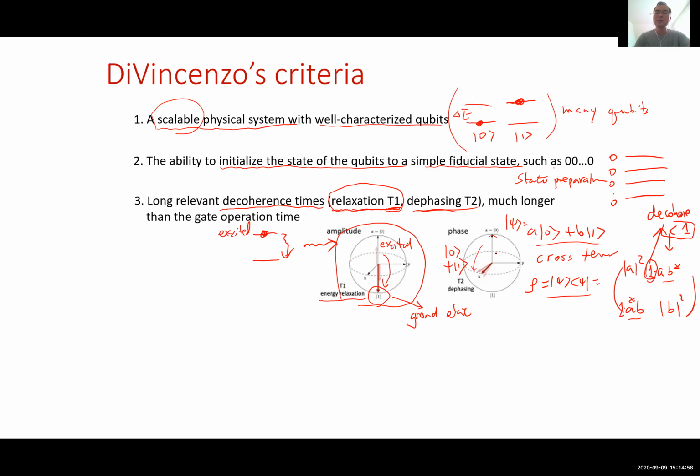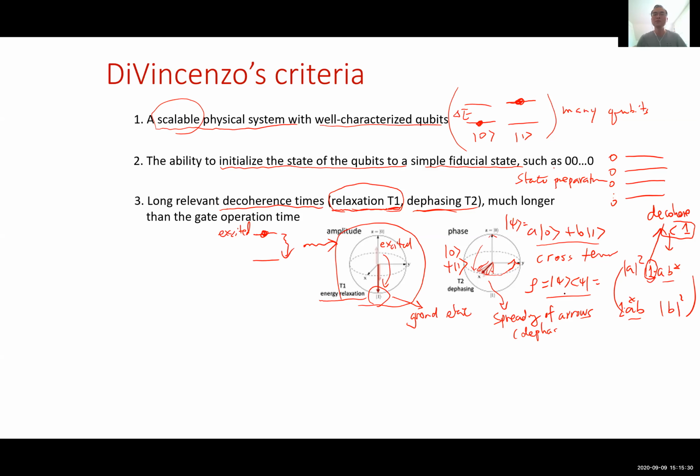If you consider repeating this many times, the decoherence dephasing happens because there's some spread of these arrows when they start to evolve in time. This spreading gets large. That's the dephasing.